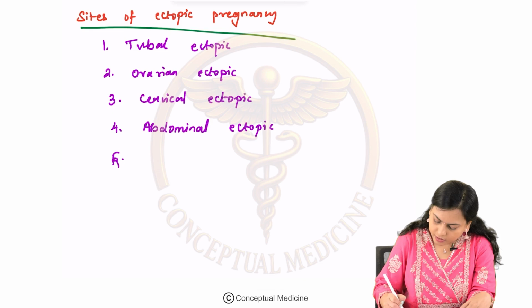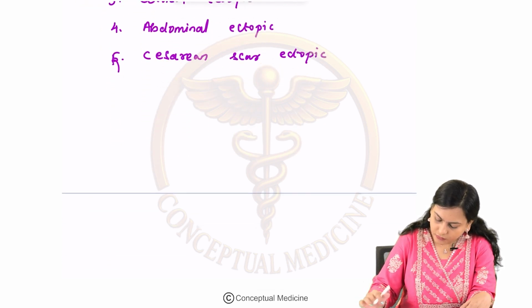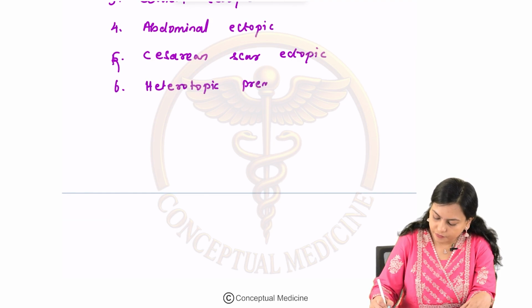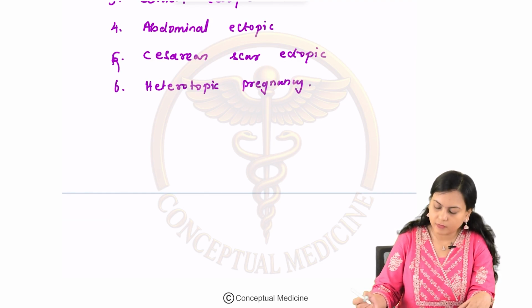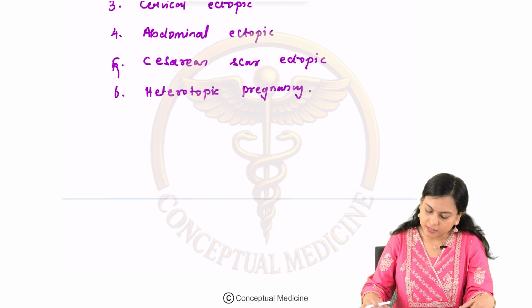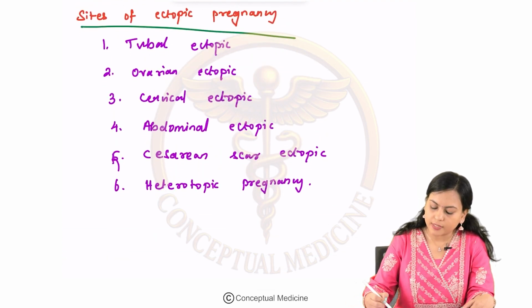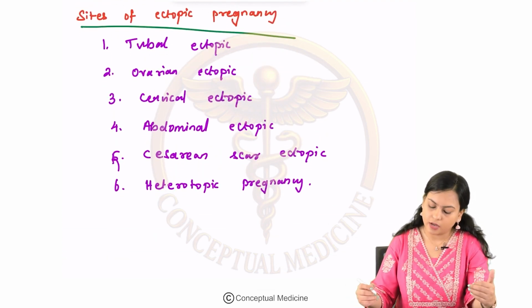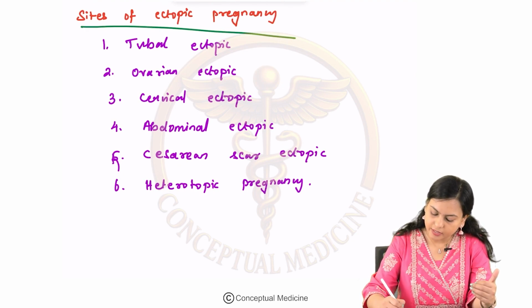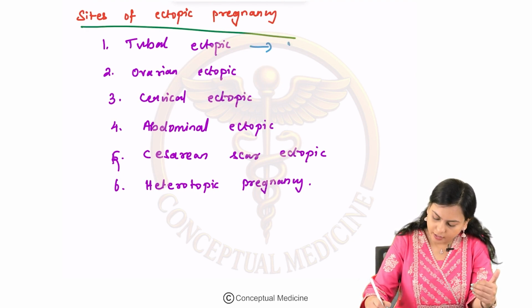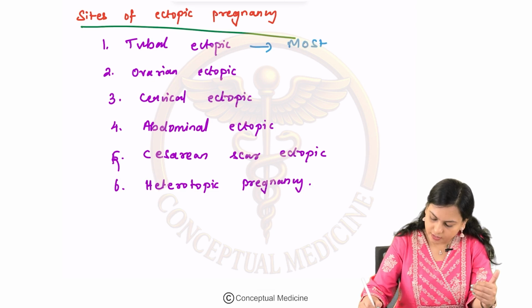Then it can be a cesarean scar ectopic or a heterotopic pregnancy. Clear? Among these, if you ask me, ma'am, which is the most common site? Remember that it is the tubal ectopic which is the most common site.